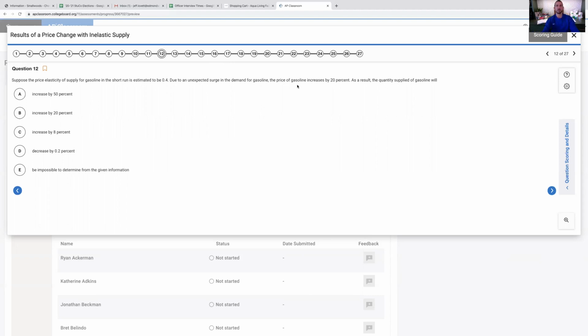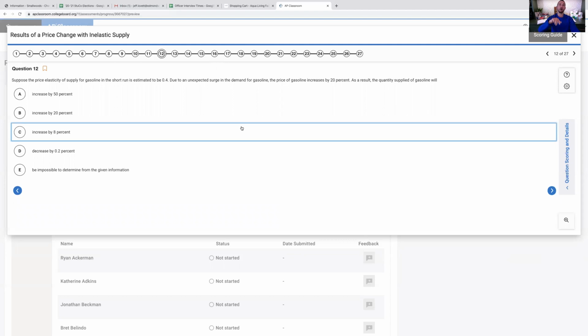Okay, so the percent change in price is 20. So it is X over 20 equals 0.4, okay? So your answer for 12 should be C. 8 over 20 is 4 over 10, which is 0.4, okay? So a little bit of math on that one, okay?